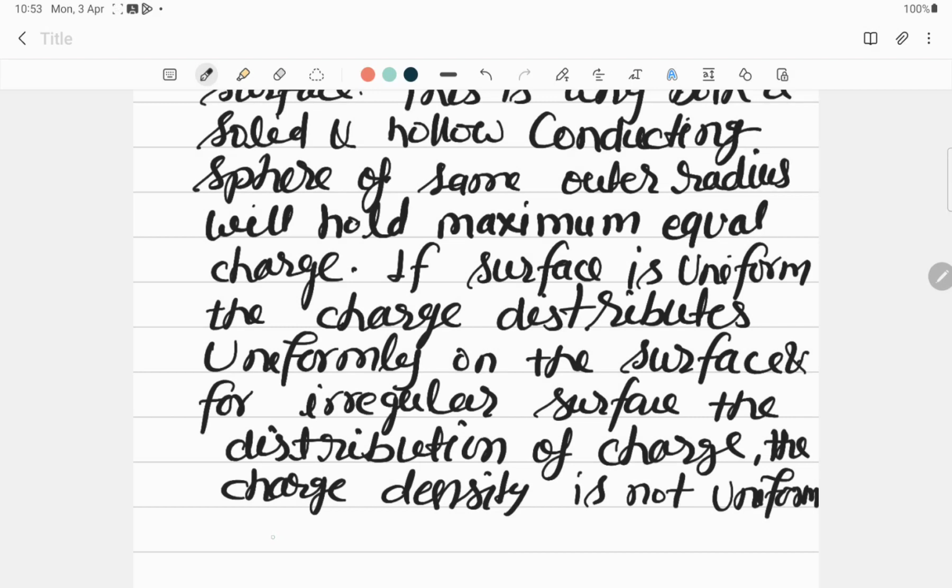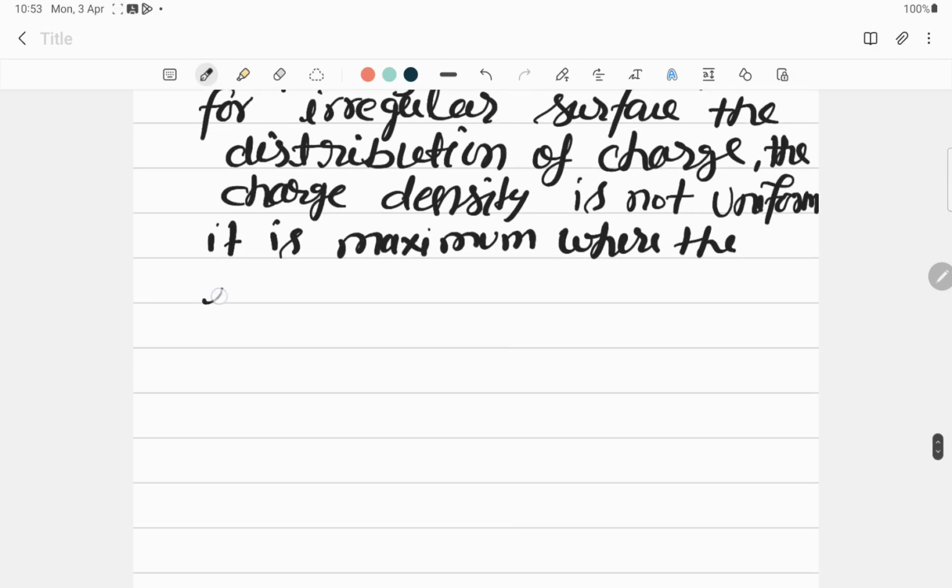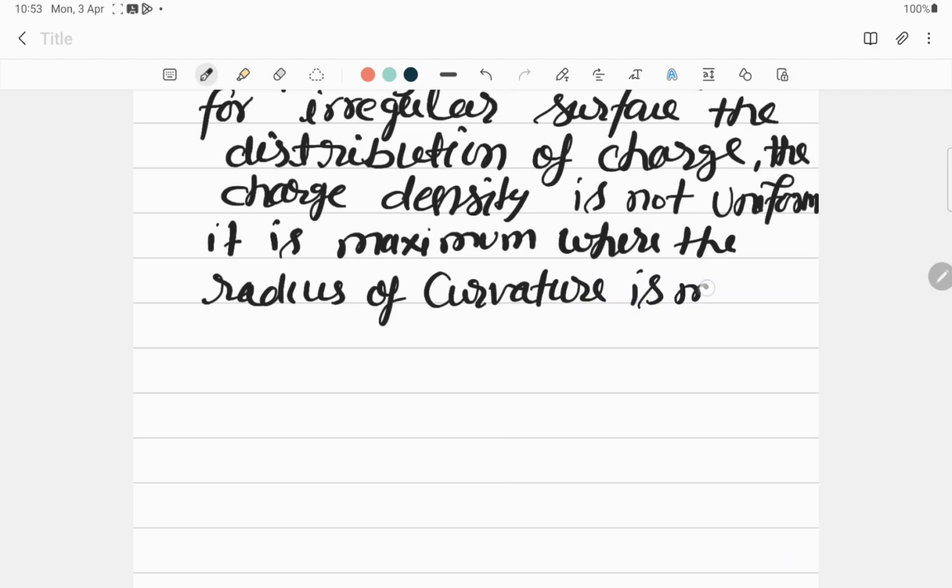It is maximum where the radius of curvature is minimum, and vice versa.